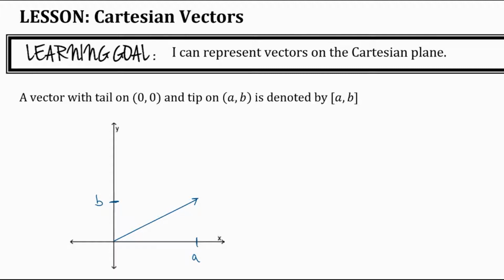So this point that the vector ends at, it starts at the origin and ends at the point a, b. And we would define this vector, let's say vector u, as [a b]. So the point that the vector goes to would be point (a, b) with round brackets, but for us, we denote vectors with square brackets.